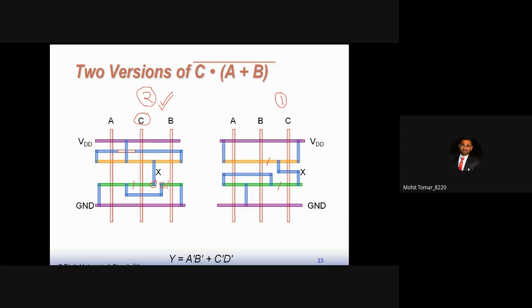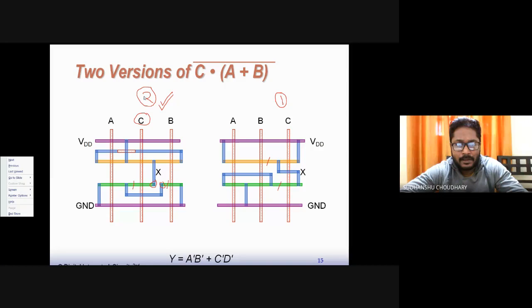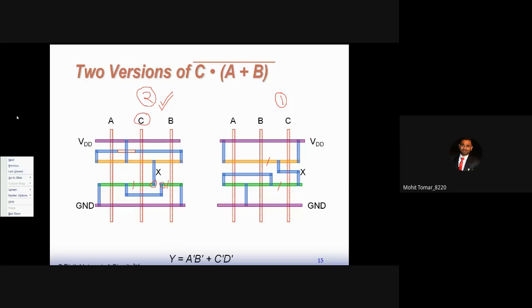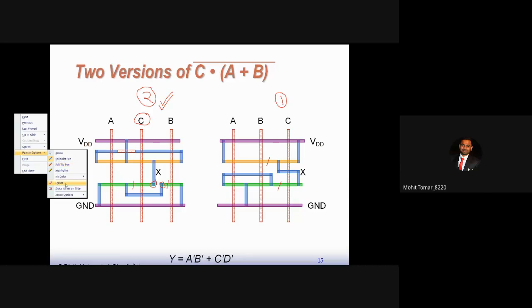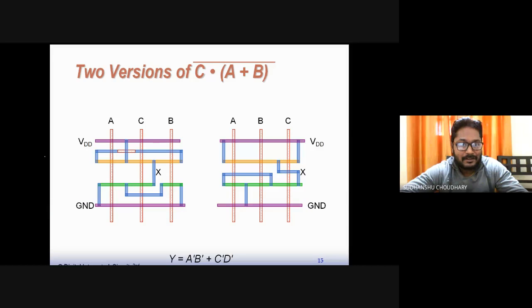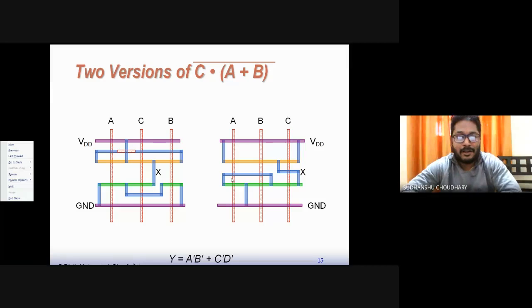Can you please explain style number 2 once again? Style number two, that is this one. These two are ways of drawing the layouts. Any designer can draw the layout in a different manner.